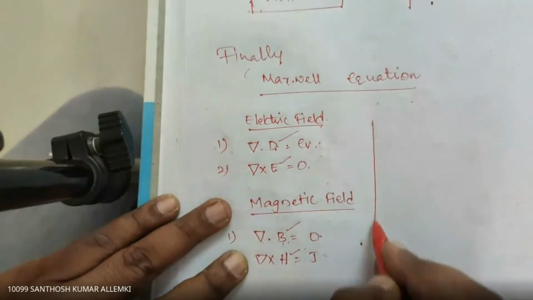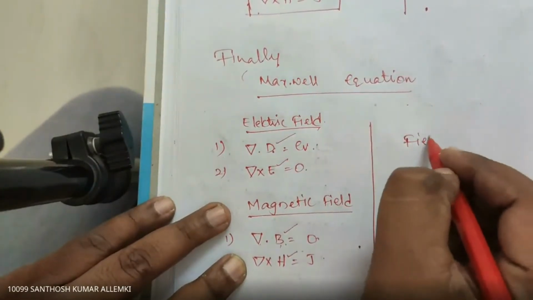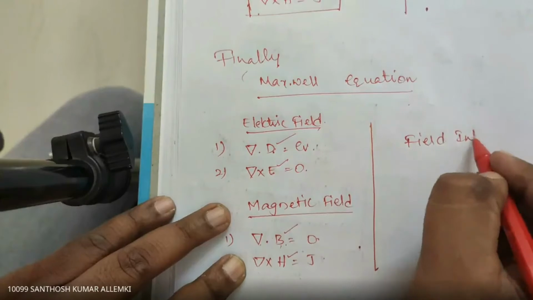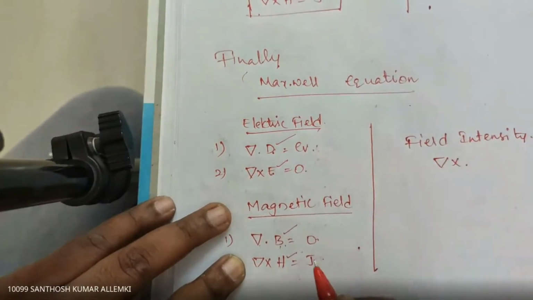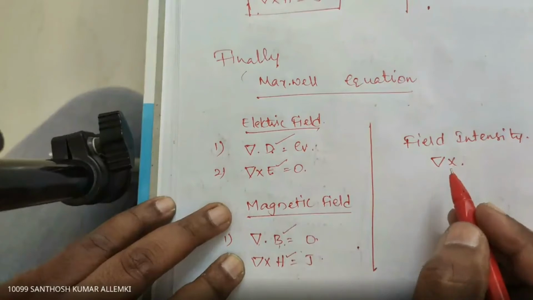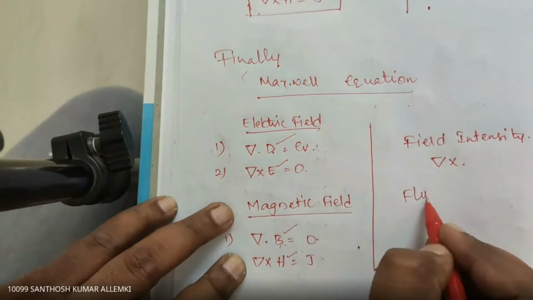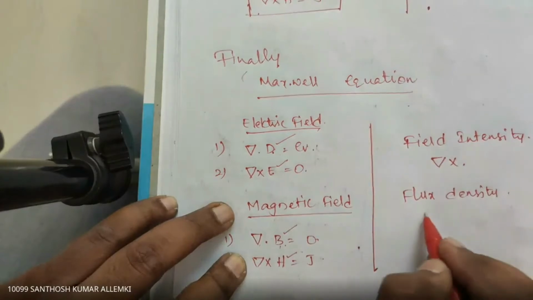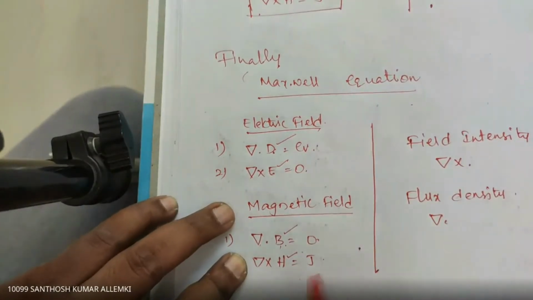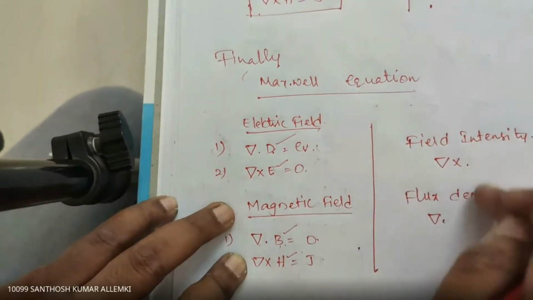So just remember, for a field intensity you have del cross, the cross product. For a flux density, you have the dot product. Just remember these two.